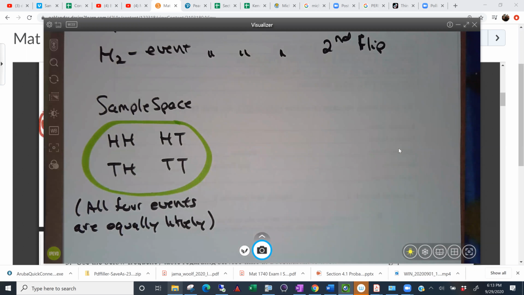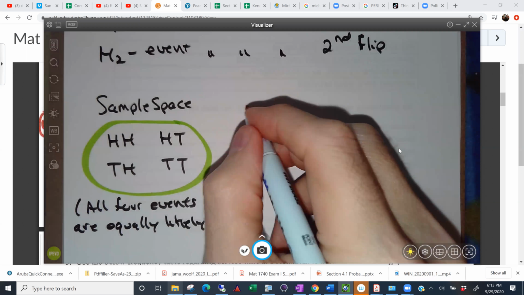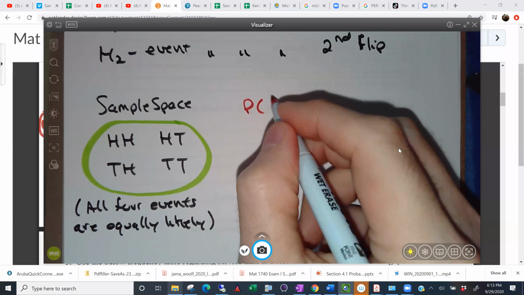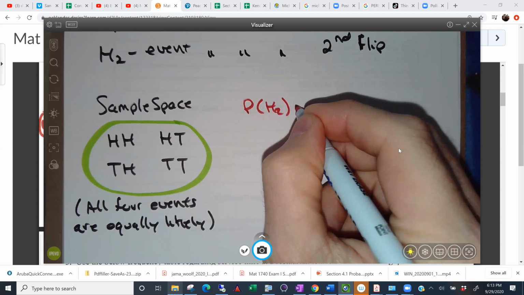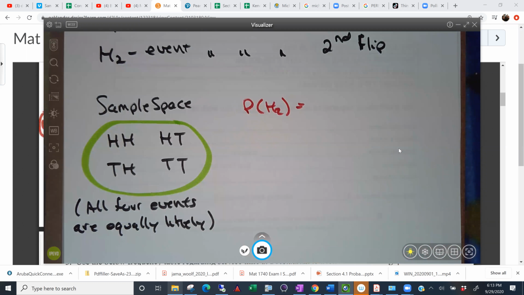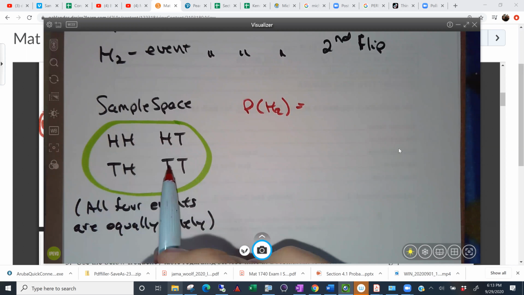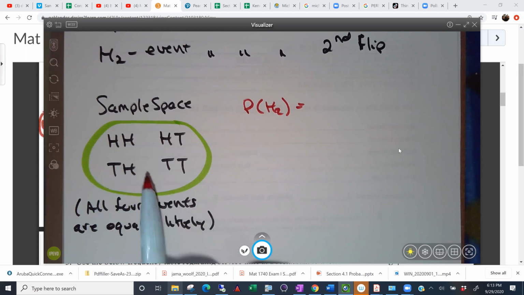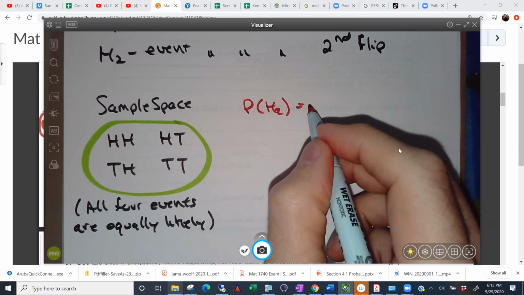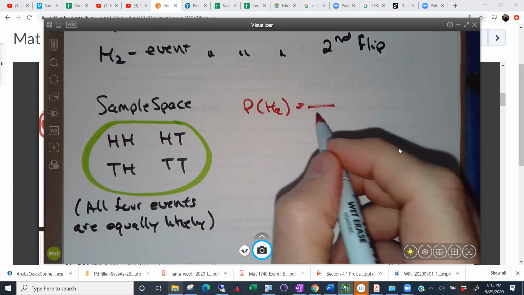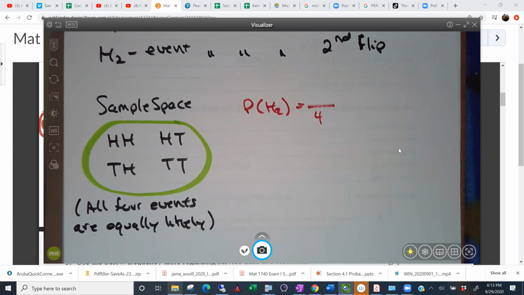Let's calculate some probabilities. We'll start with the probability of H2. Because these are all equally likely, and that's not going to happen with every sample space, we can just count up that there are 4 possibilities.